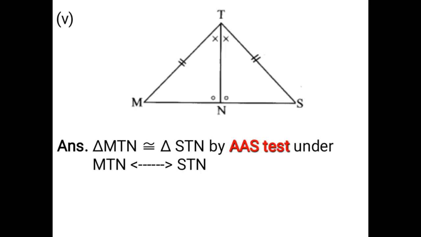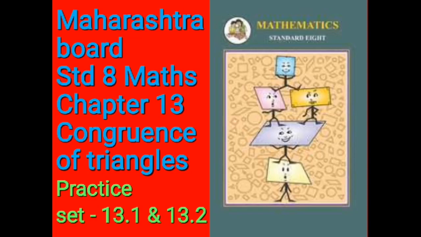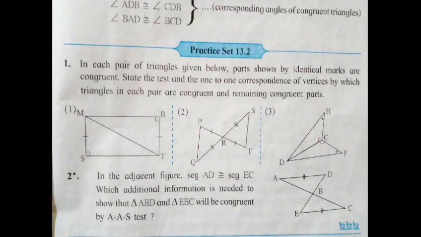under MTN corresponds to STN. Now we will begin practice set 13.2 on textbook page number 87. In each pair of triangles given below, parts shown by identical marks are congruent. State the test and the one-to-one correspondence of vertices by which triangles in each pair are congruent, and the remaining congruent parts. Practice set 13.2 is the same as practice set 13.1.